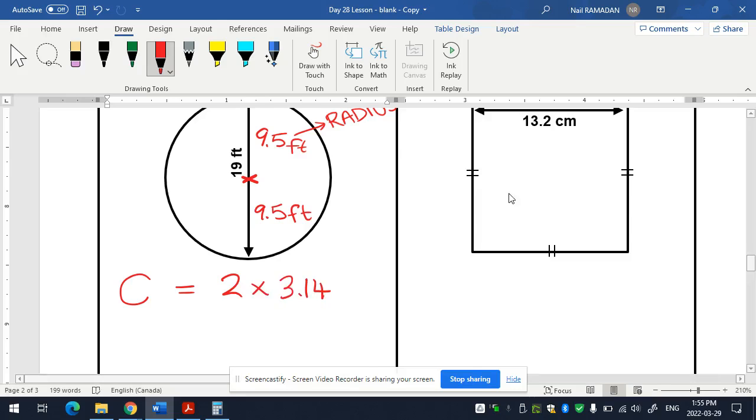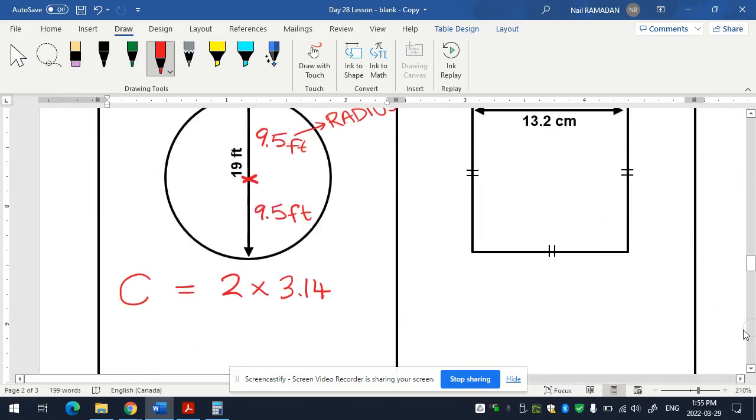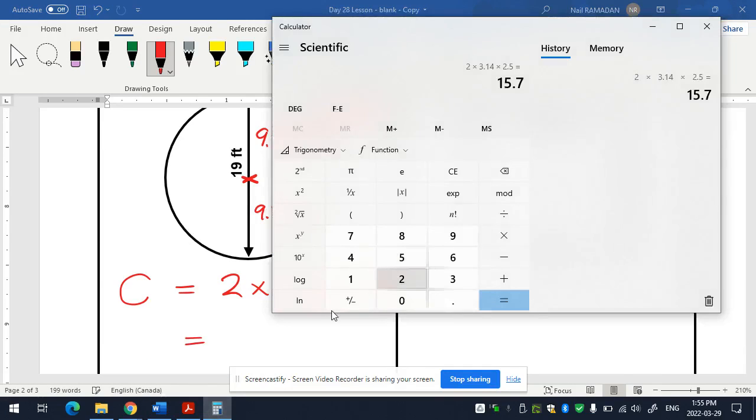You are more than welcome to start with this line, everyone, with all the numbers you need. If you want to show me the equation first, that's completely up to you. I'm not going to take marks off if you don't show the green line. All right, so times what? Times 9.5. How much is this? 2 times 3.14 times 9.5.